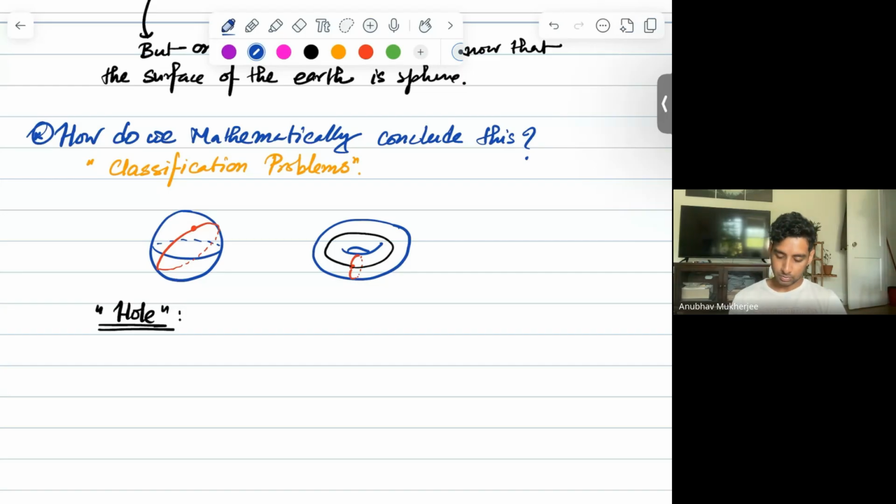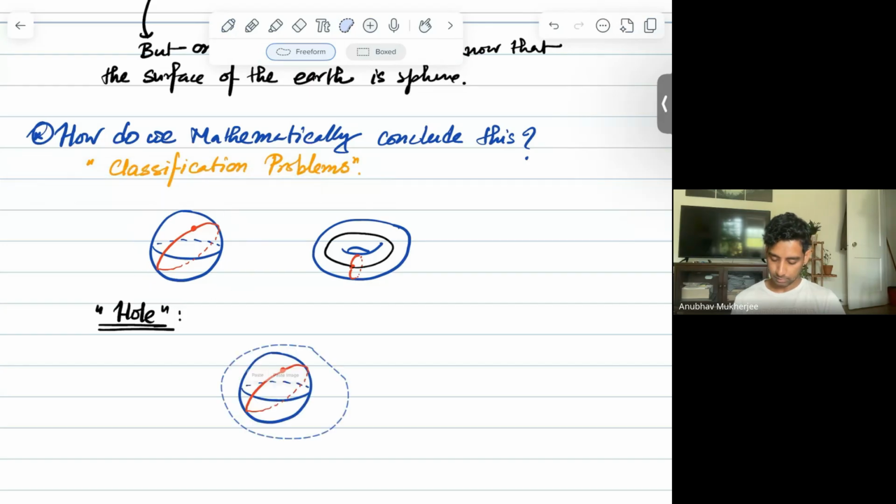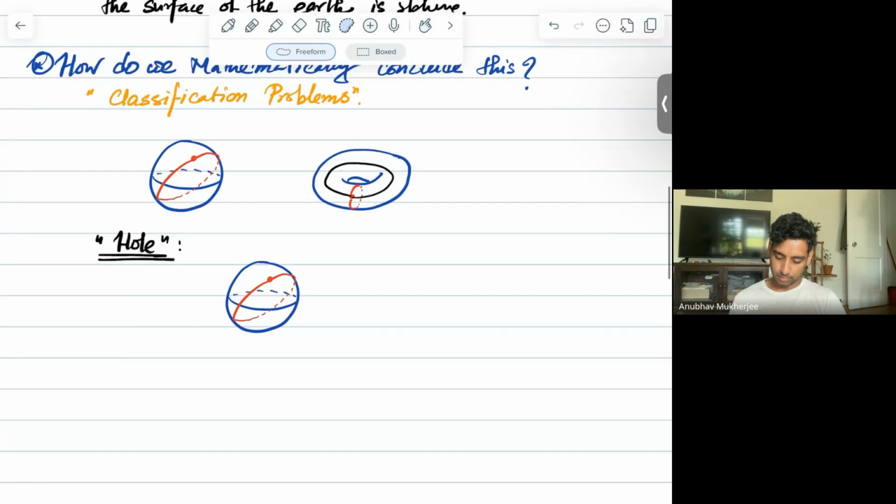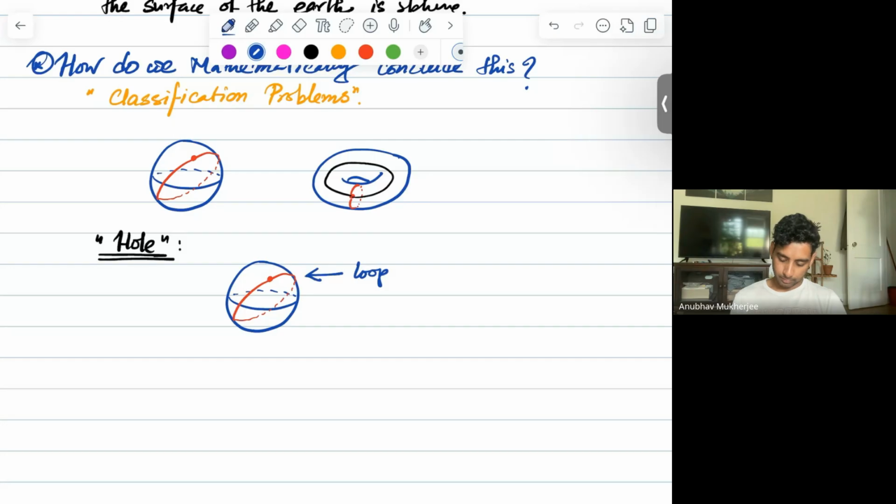One thing we should notice is that in this situation, if I take any loop here, and let's say this is my north pole, then I can push everything to the north pole in a nice way.